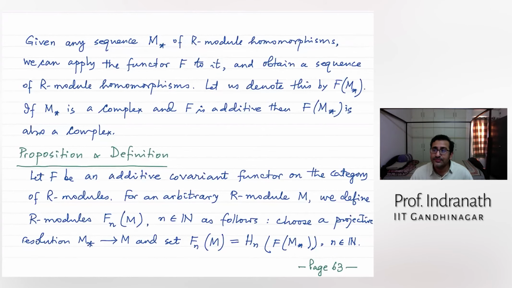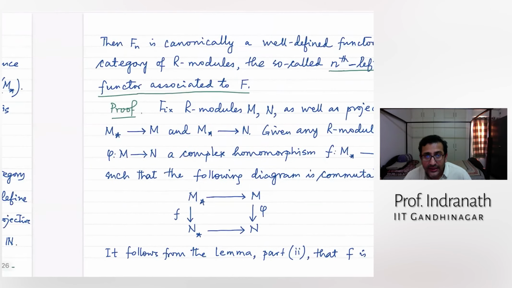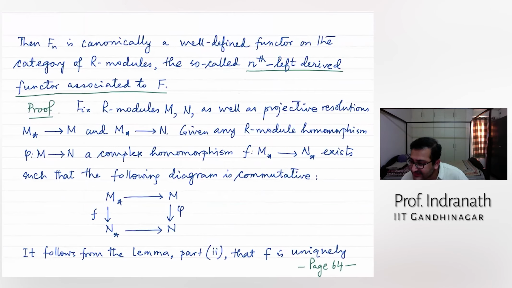Now comes the main part. F_n is then canonically a well-defined functor on the category of R modules, and this is called the nth left derived functor associated to F. This is what I need to explain, and this is what the proof is all about.